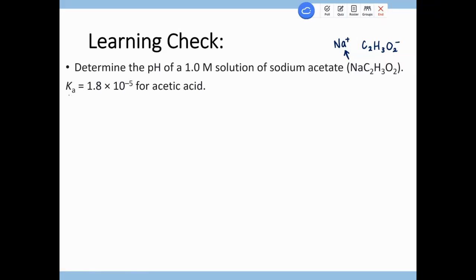Also, they gave us the Ka for acetic acid, which I know I didn't write out, but acetic acid is, actually I'll write it across the top, HC2H3O2. And so if this is a weak acid, if you add it to solution, it dissociates and will form H3O plus and C2H3O2 minus, the acetate ion.